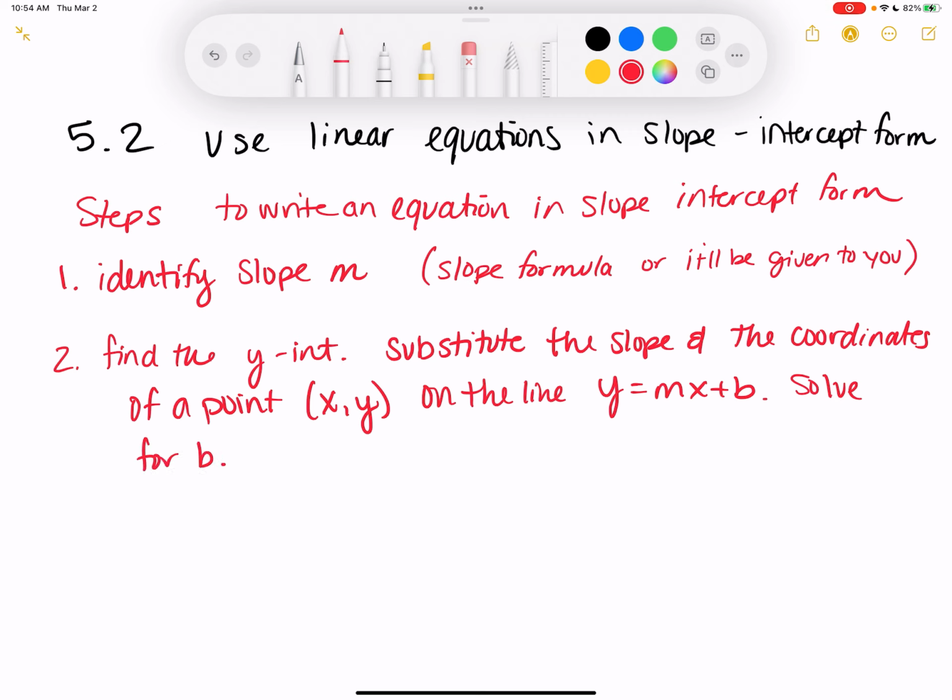So we could do this by them either giving you 1 point and the slope or 2 points. You find the slope, and then you use one of them to find the y-intercept. And then step 3, write the equation.